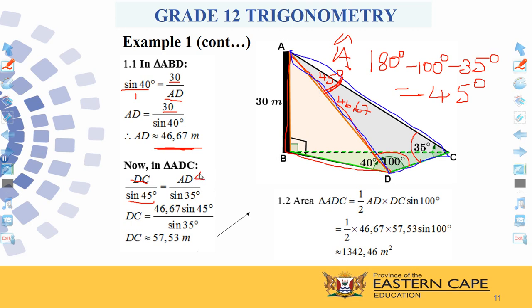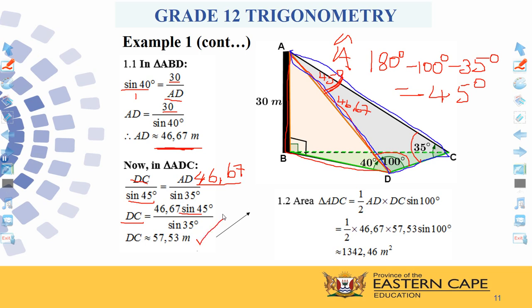I should have just substituted 46.67, which is the value of AD. Then I make DC the subject of the formula by taking sine 45 to multiply there. So DC is equal to 46.67 multiplied by sine 45 divided by sine 35 degrees.